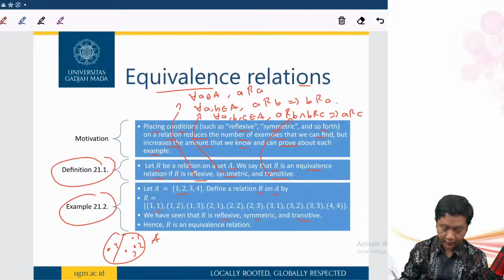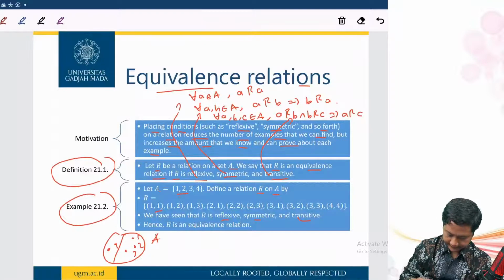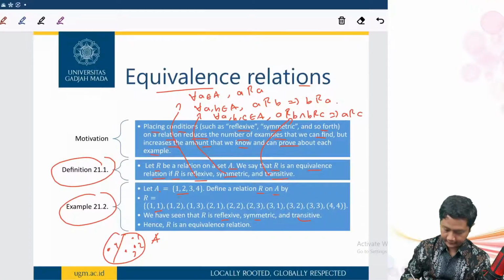When we draw the diagram, it's easier to see the reflexivity here: 1 and 1, 2 and 2, 3 and 3, 4 and 4, and symmetric also, 1 to 2 and 2 to 1, much easier. Then you draw a diagram.